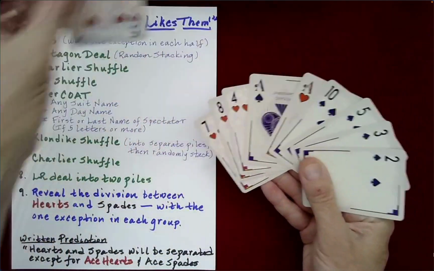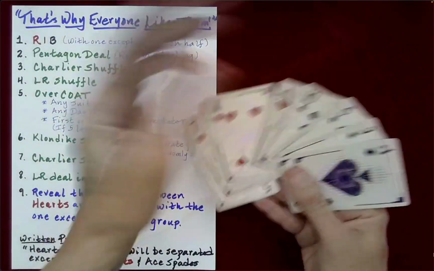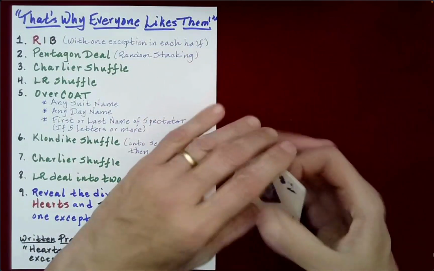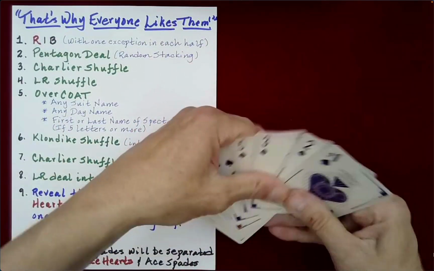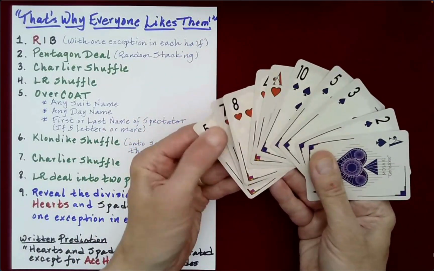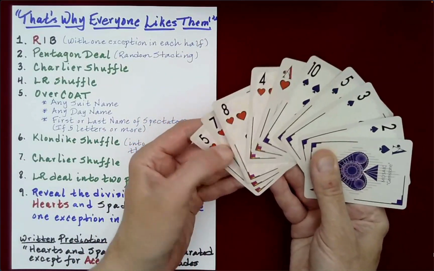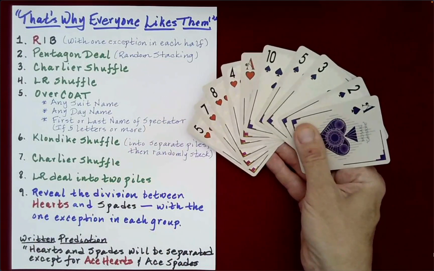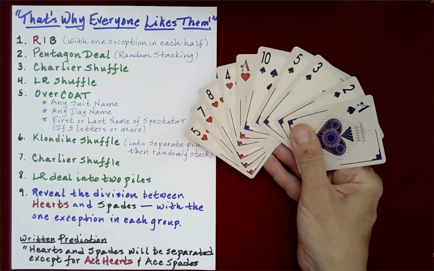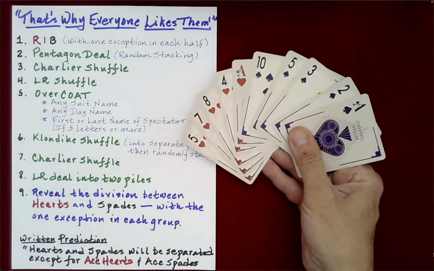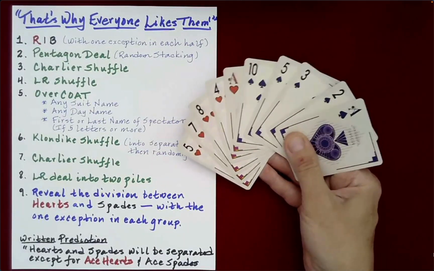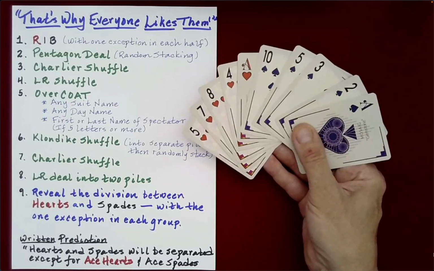Okay, so let's just move this one over here like that. So if we have red on top, black on the bottom, and we were to show this to the spectator, that would almost certainly tip them off. They'd remember that at the beginning you had them separated by color, and then in the end that's what you achieved, right?